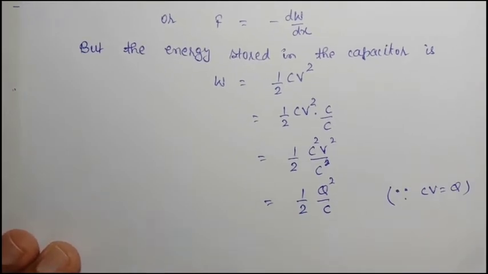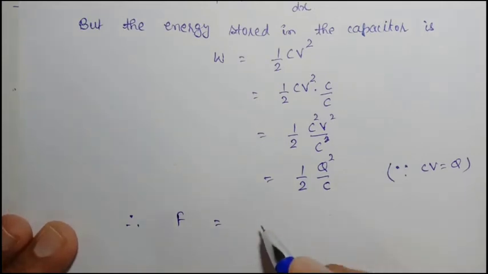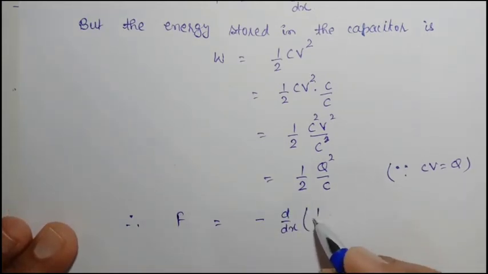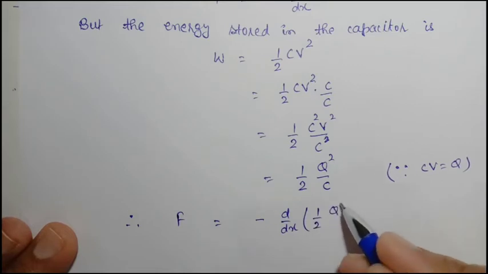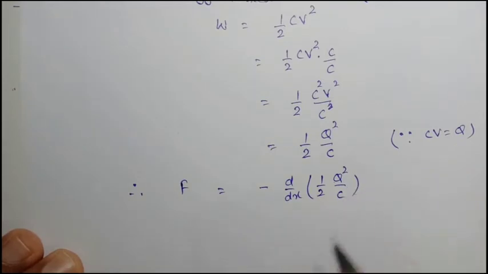So as per our question, F equals minus d by dx of W, and W equals 1 by 2 Q square over C. Suppose here Q is constant.